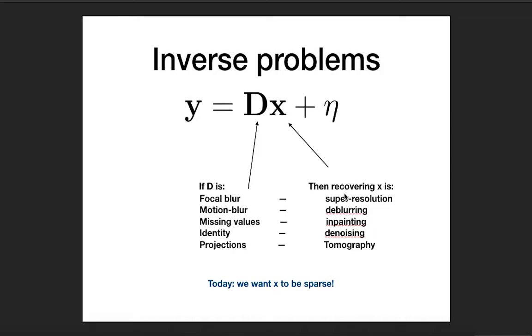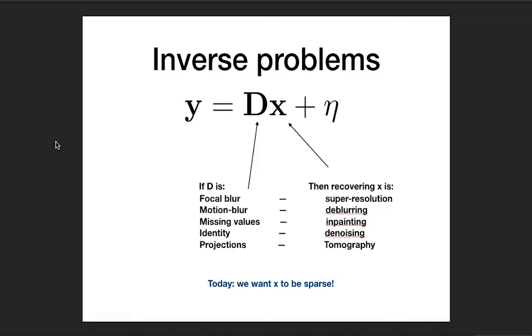And today we're interested in the following thing. We want to represent, let's say, this D is a dictionary. We call it a dictionary, and it is a set of atoms. Today's focus is that we want to represent Y as a linear combination of atoms in D. By atoms, I mean the columns, right?